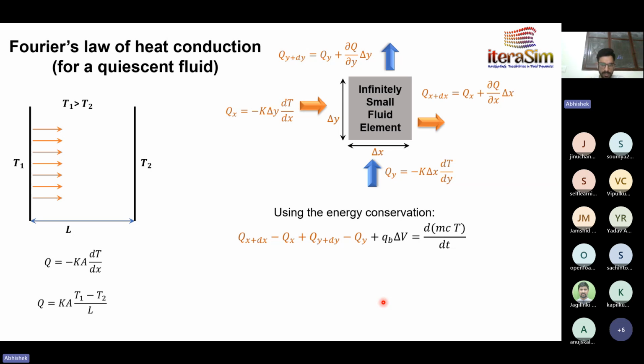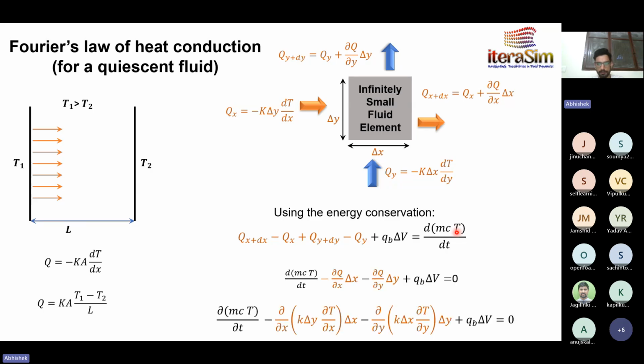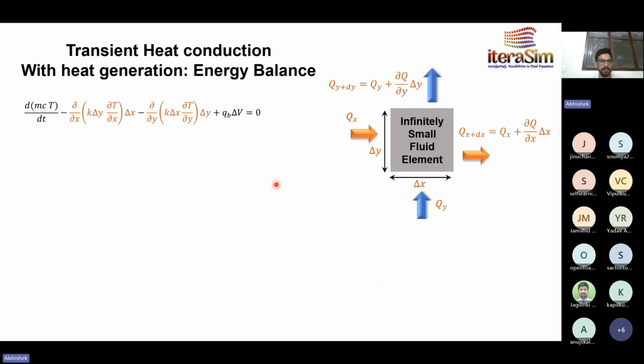So Qx and Qy are entering the system, and Qx+dx and Qy+dy are exiting the system. This is the heat generation term and this is the transient term, that is, if there is a change in the heat capacity of the fluid inside. If the temperature is rising, the internal energy of the system will also rise. If we do some math and move ahead, for transient heat conduction with heat generation, we get these terms. The first term is the transient term.